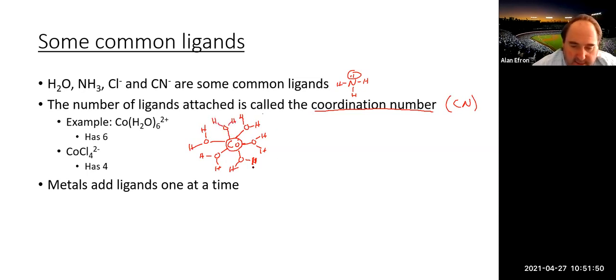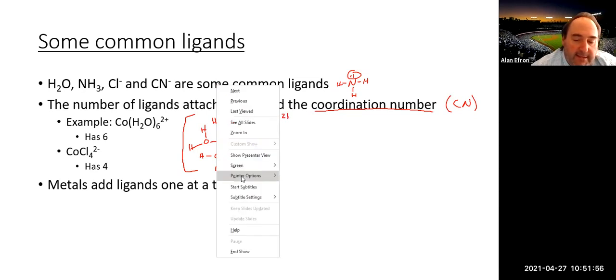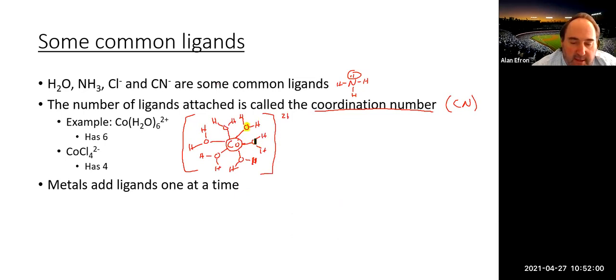Again, this whole entire thing here having a +2 charge. Now, when we look at the metal and we look at how many atoms are directly bound to it, there's 1 there, there's 2 there, there's 3 there, there's 4 there, there's 5 there, there's 6 there. This guy would have a coordination number of 6.